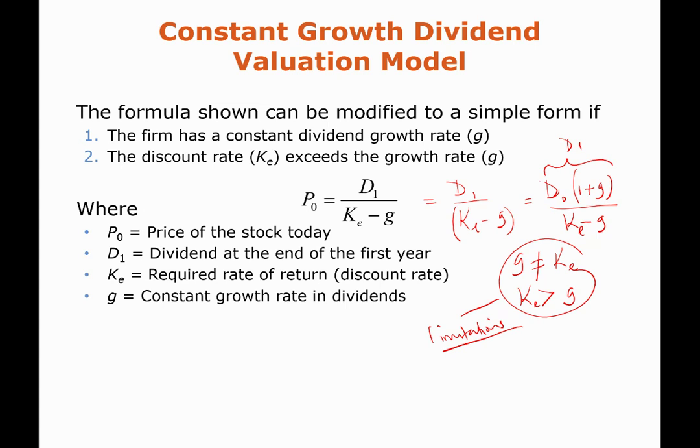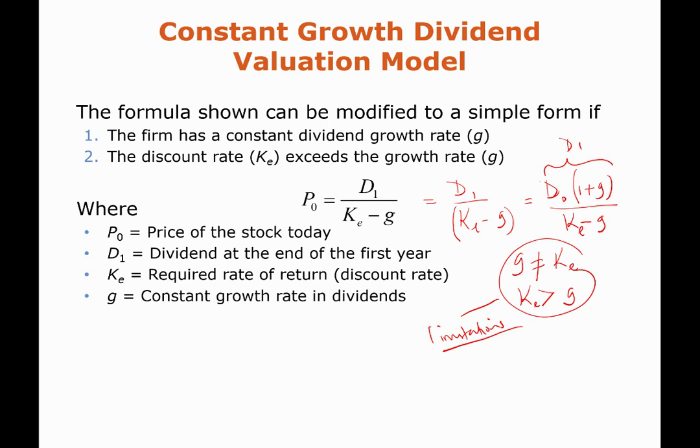So let's look at the last one. What about if the growth is not constant? What about if the growth is not zero? Remember, if the growth was zero here, there would just be D1 divided by Ke.